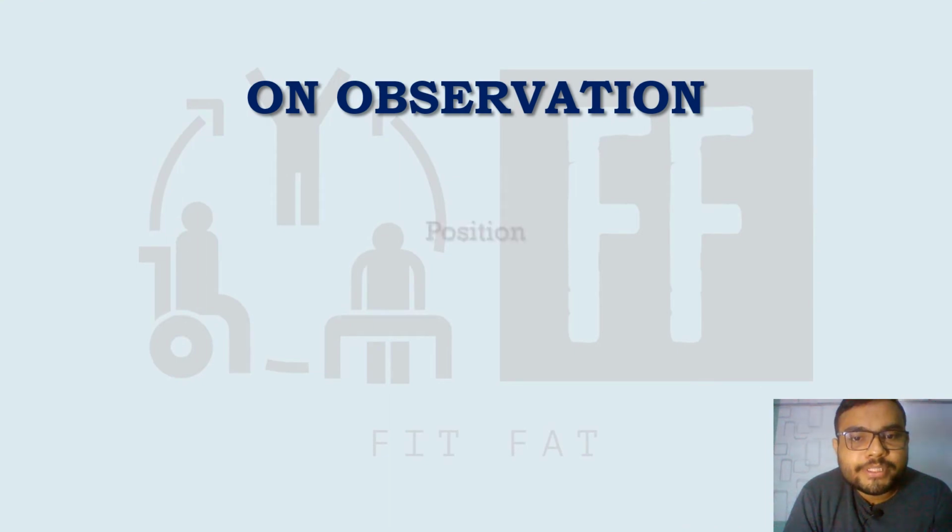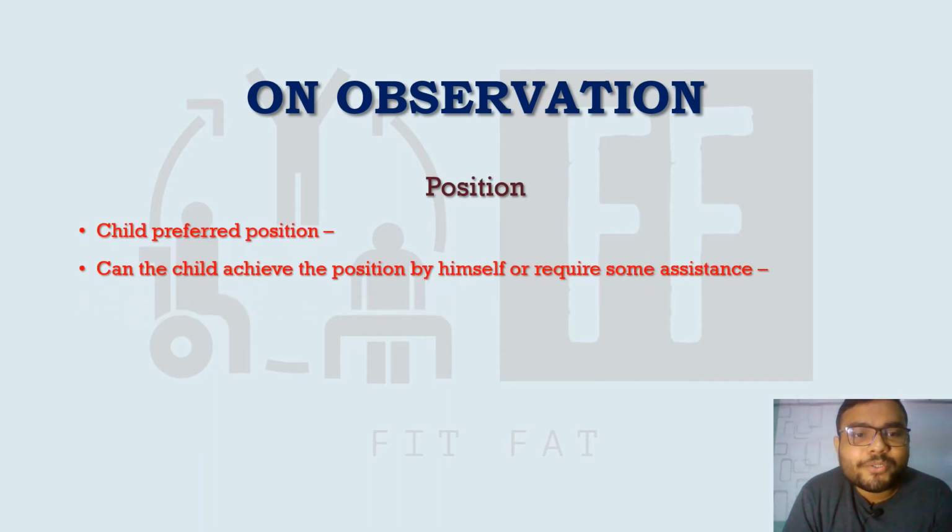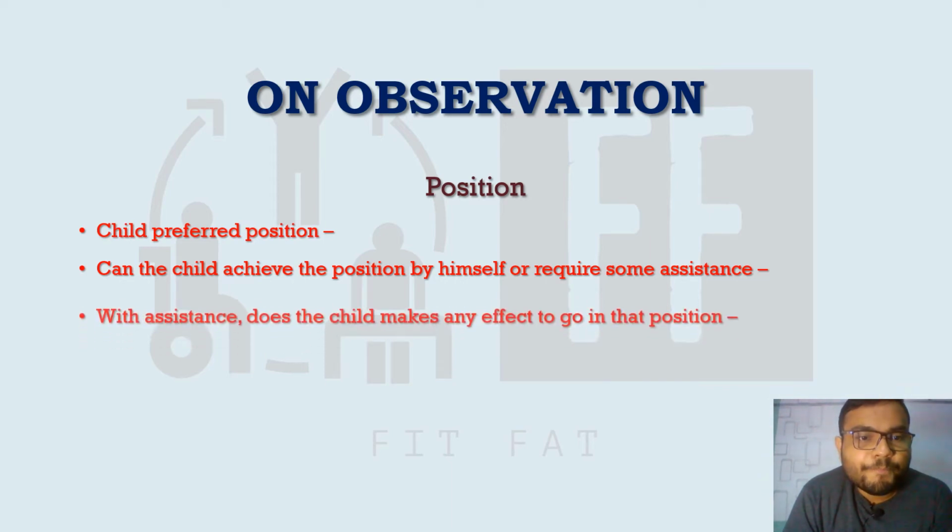Then you need to observe the position of the child, right? What is the preferred position of the child, right? Then you need to observe, can the child achieve that position by himself, or does he or she require some sort of assistance in that position.